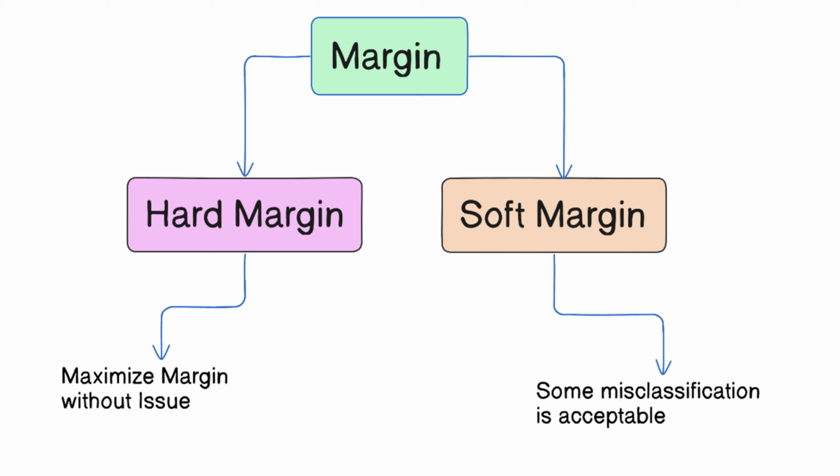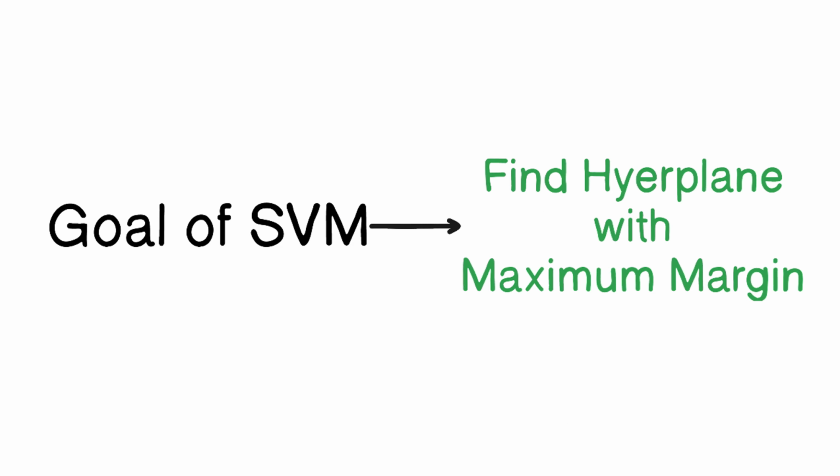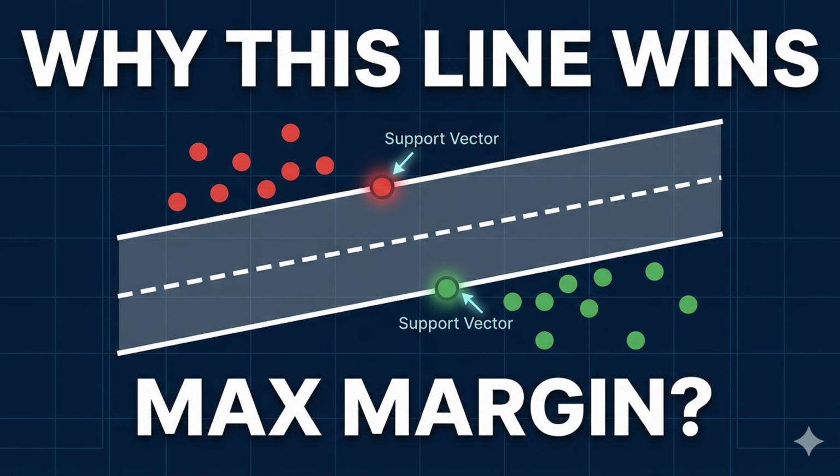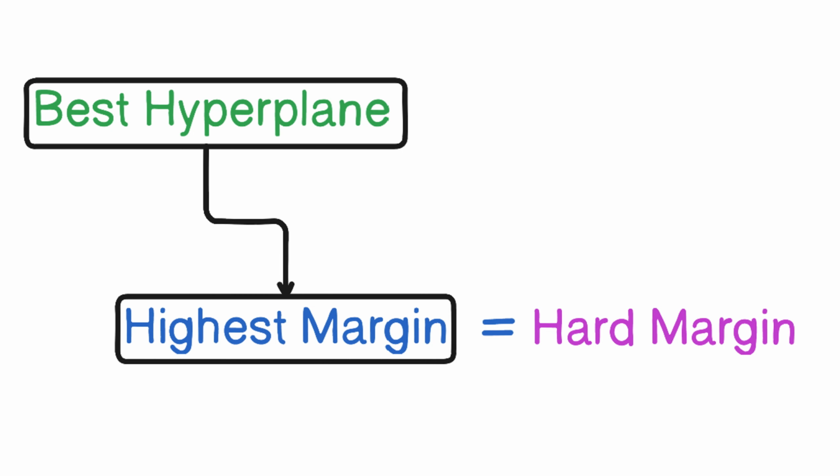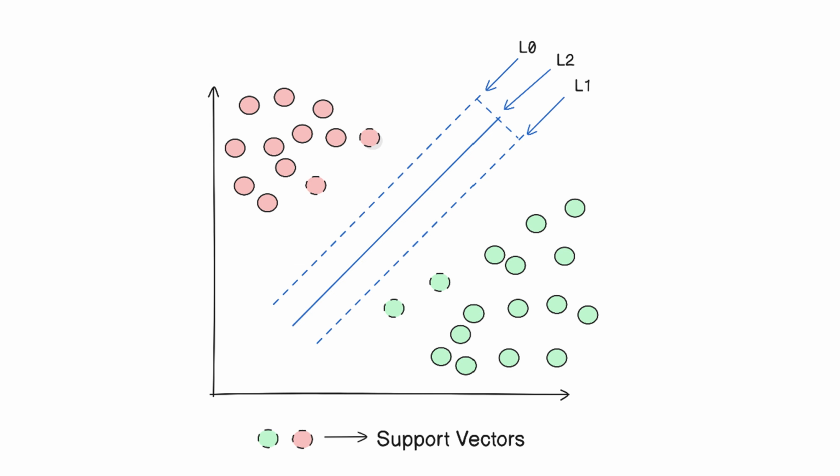Now, let us understand how does SVM actually work. The main goal in SVM is to identify the hyperplane with maximum margin, and that margin is the distance between hyperplane and support vectors. The best hyperplane is considered the one with the highest margin, which is also known as hard margin. Now, with hard margin, the separation between classes is very clear. Suppose these are the data points in the space.